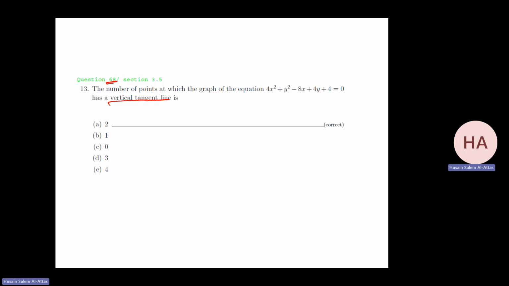Okay. Now differentiate with respect to x to get what? 8x plus 2y y prime minus 8 plus 4y prime equals 0. Solve for y prime.